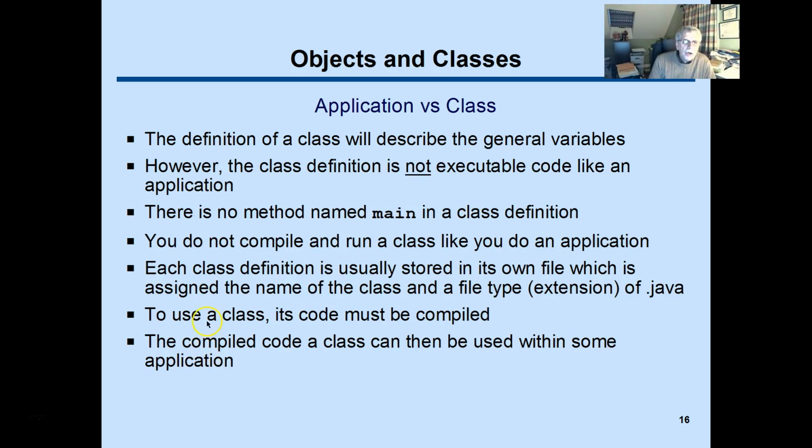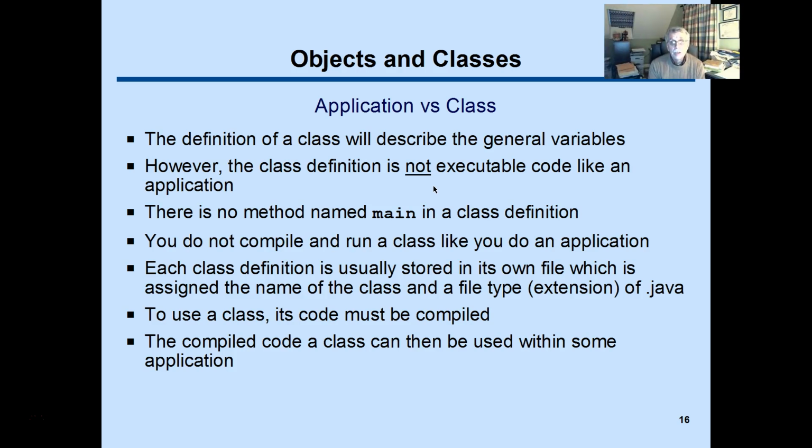Very important distinction. When we talk about application in class, every application has a main method, and that's where execution occurs. But when you define a class, which is not an application, there will be no main method. Therefore, the class itself is not executable. So if I create a class called student and do not put a main method in there, I cannot compile and run it.